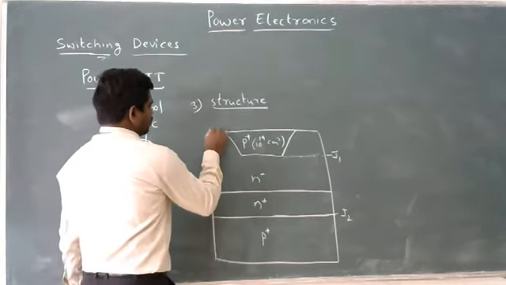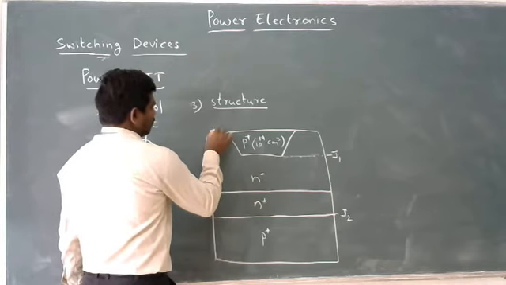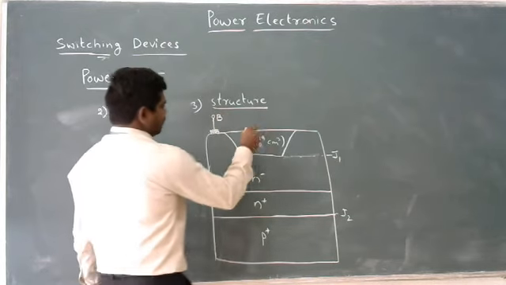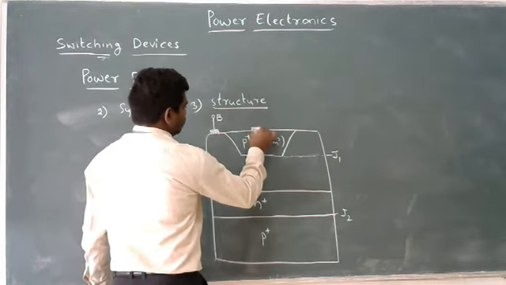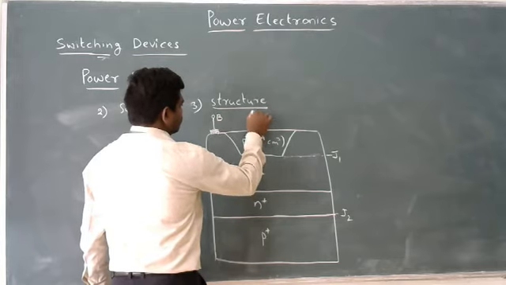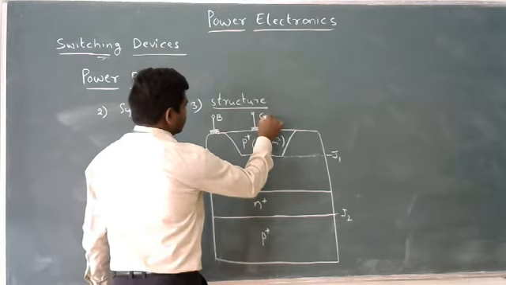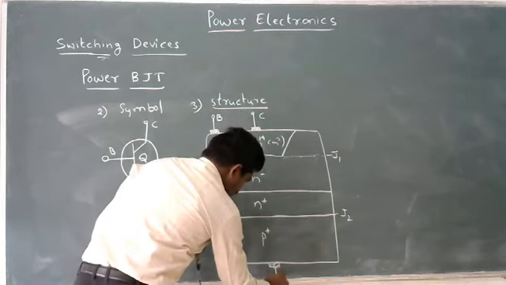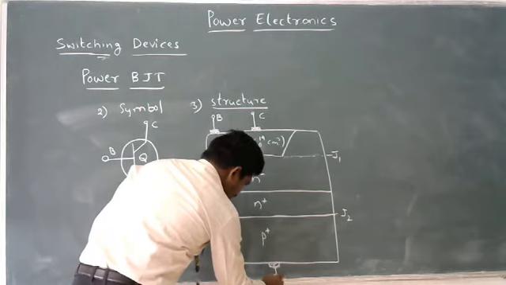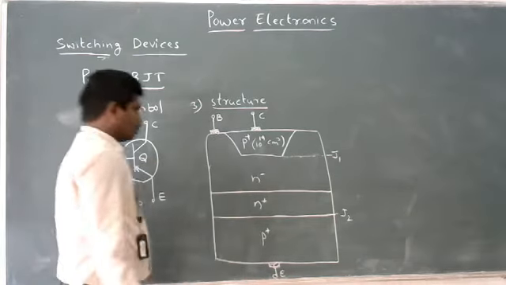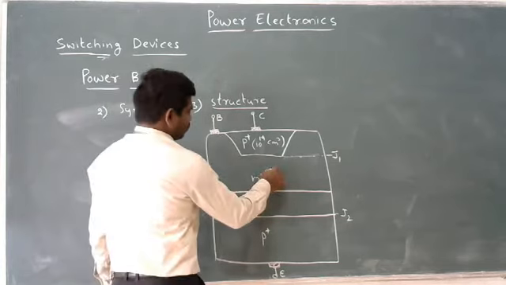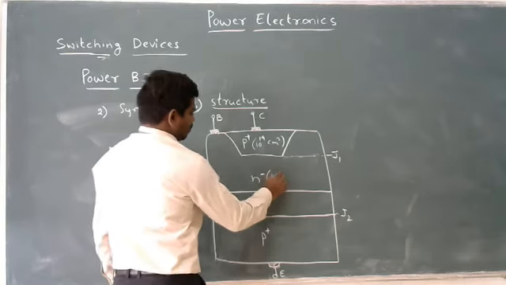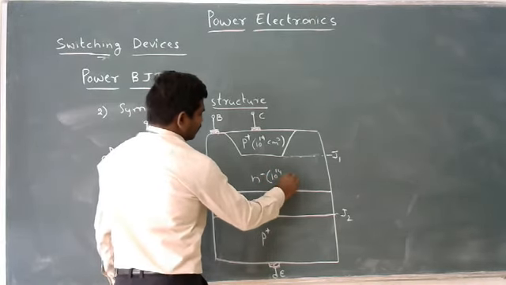This terminal is base, this terminal is collector, and this terminal is emitter. Coming to the doping level, this N-type layer is 10 power 14 centimeter cube.